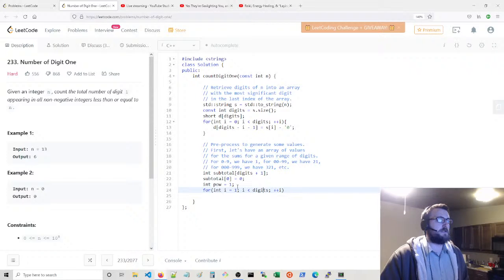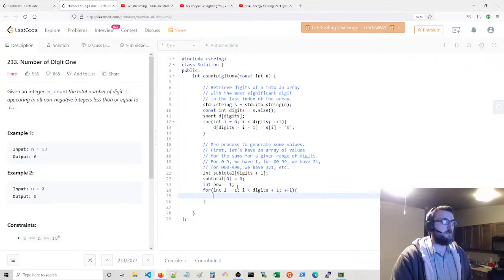Might be easier to say just less than digits plus 1. And we're going to say subtotal of I is going to be equal to subtotal of I minus 1. So you multiply that by 10, you add 1 to it, add 1, multiply it by 10.